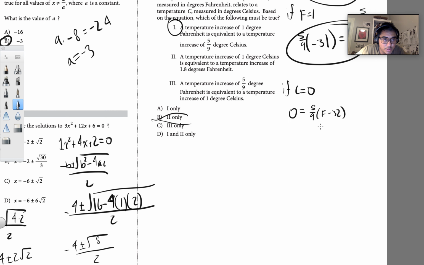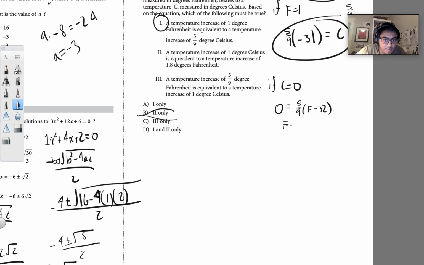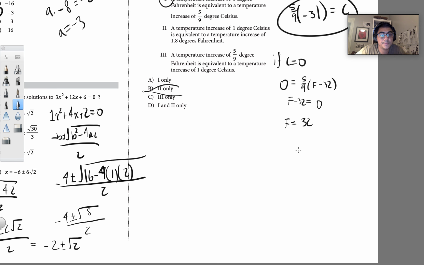We can get rid of 5 over 9, so f minus 32 is equal to 0. So f would equal 32, right?